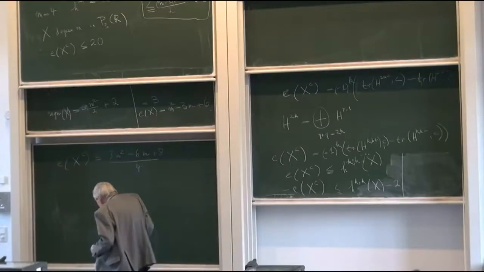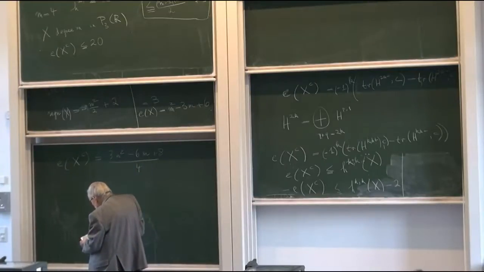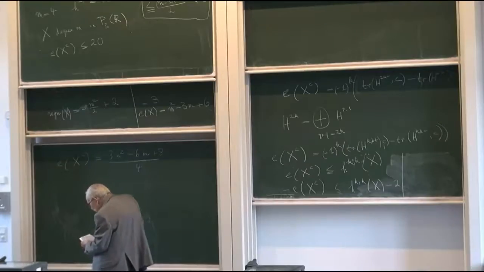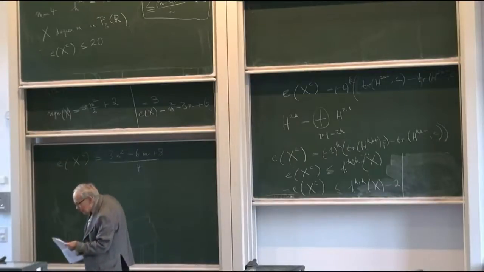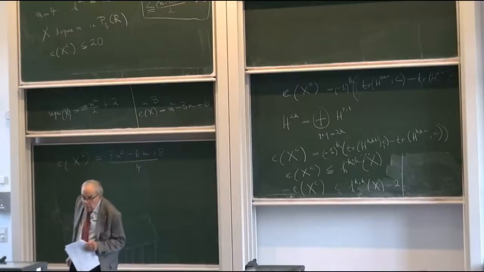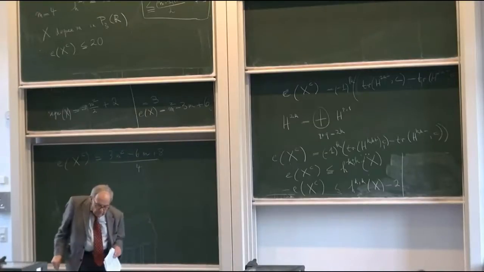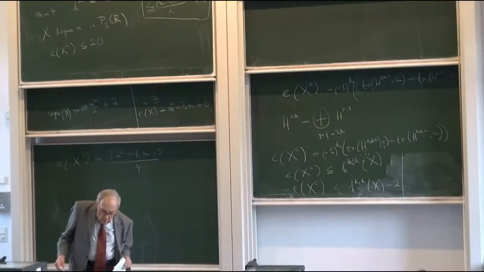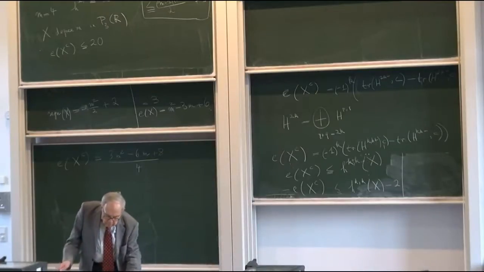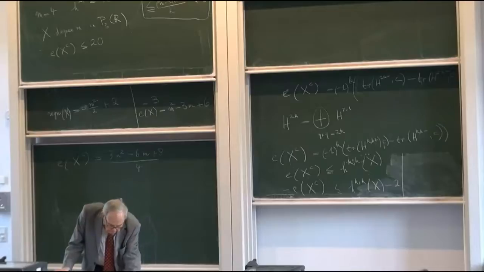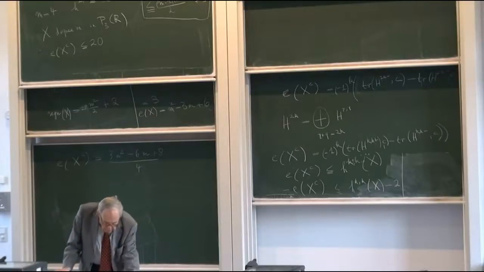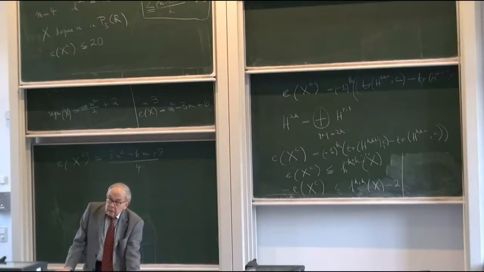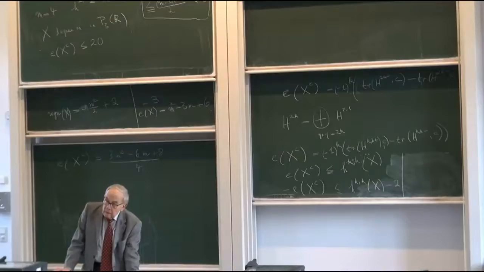So this is now where X is the covering over P2. Pardon me? So X is in this situation the covering over P2. Yes, we have the curve C, and we take the double cover of the projective plane along this curve C. And C had the degree M. That's the setting.